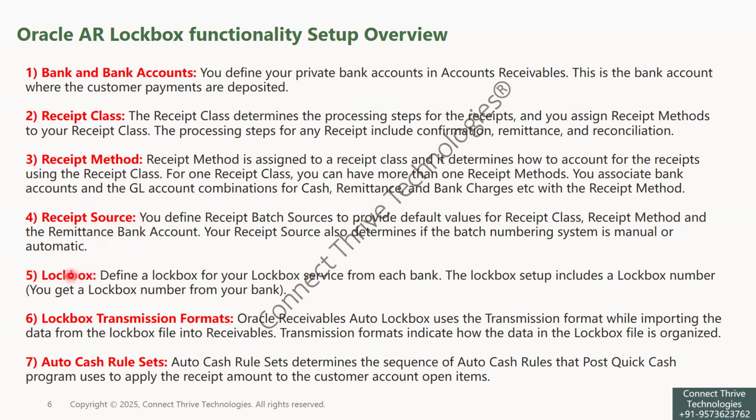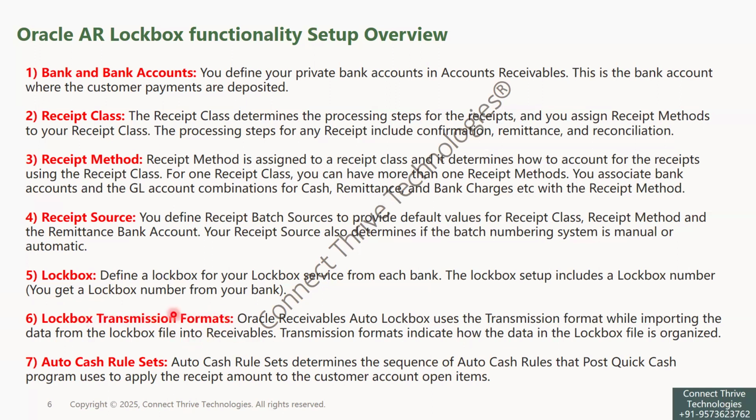And here we have a Lockbox number. For each bank and each process, we can define a different Lockbox number, so the system identifies bank-wise Lockbox numbers. Then we have transmission formats, which define how the file should be processed at each stage, like header details and process details. There is a lot of information in the PDF file template.